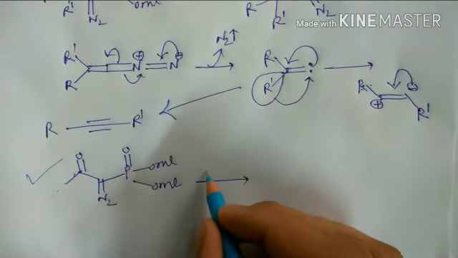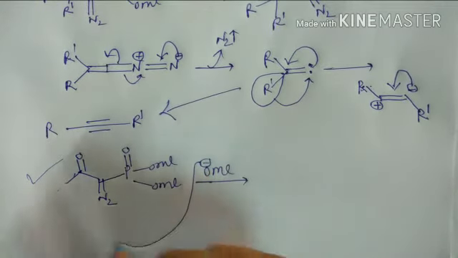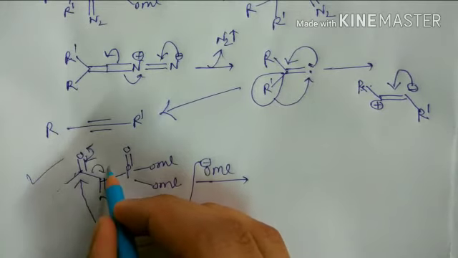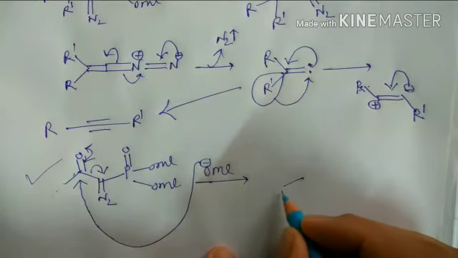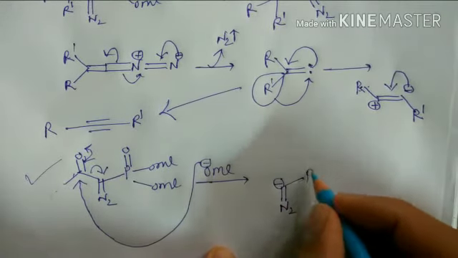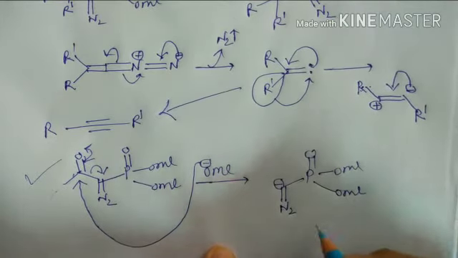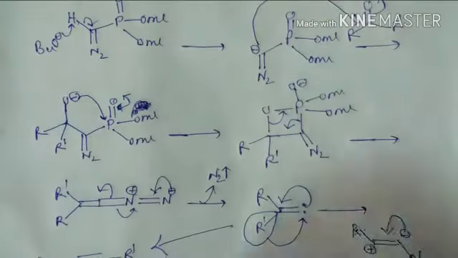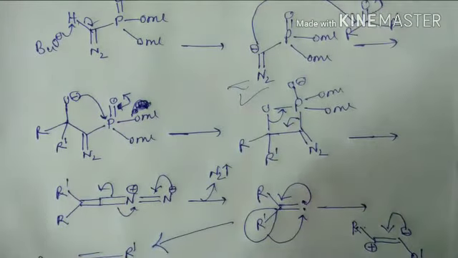So in this condition methoxide will be generated, and that will attack at this carbonyl center, and in this case in situ you will generate this. So now the rest of the reaction is similar. The same thing you generated here, and the rest of the reaction follows the similar pathway.